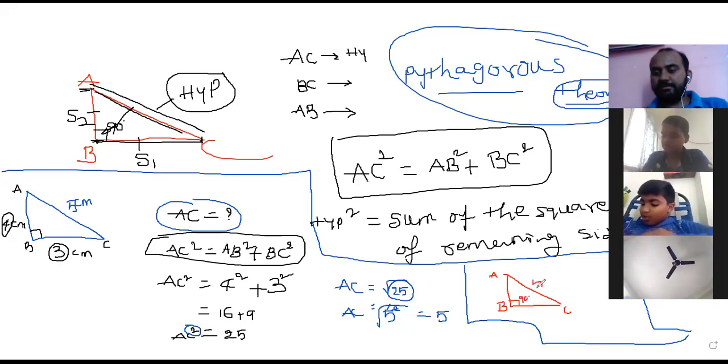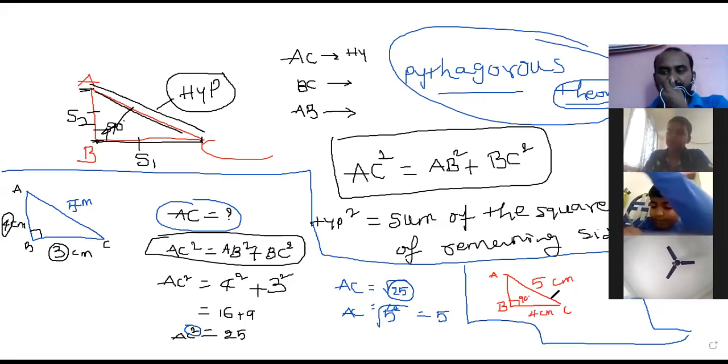This is 5 centimeter and this is 4 centimeter. Then find that AB value. What is the AB? Can anybody tell?